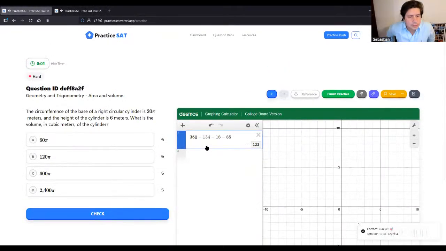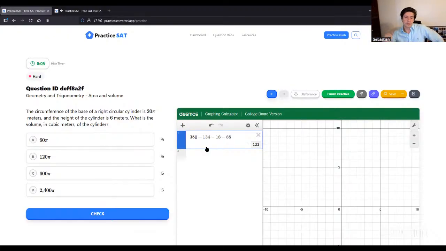I'm loving it. Okay. The circumference of the base of a right circular cylinder is 20 pi meters, and the height of the cylinder is 6 meters. What is the volume in cubic meters of the cylinder? Circumference of the base is 20 pi, that means the radius is 10.